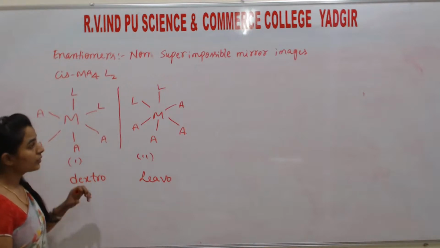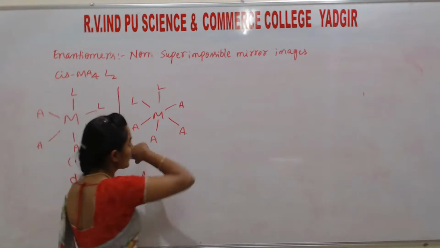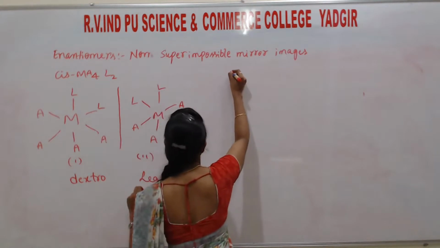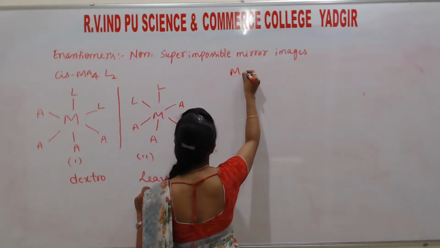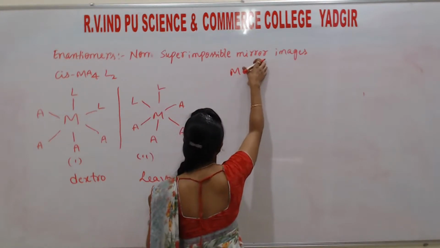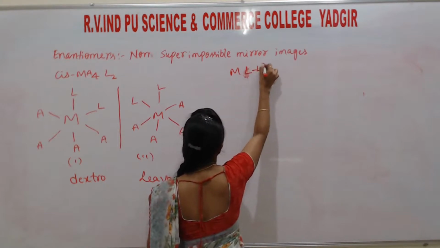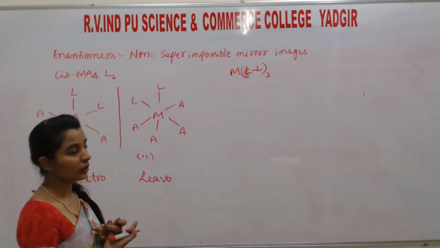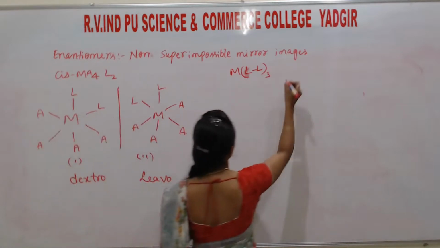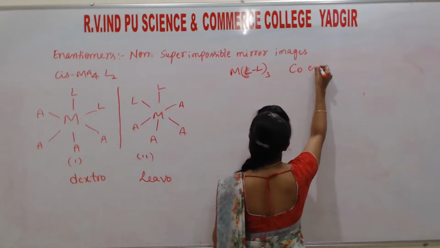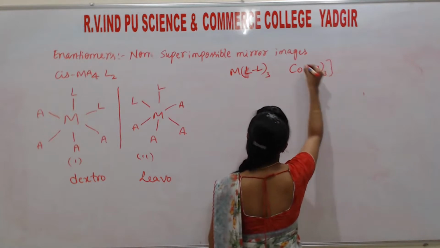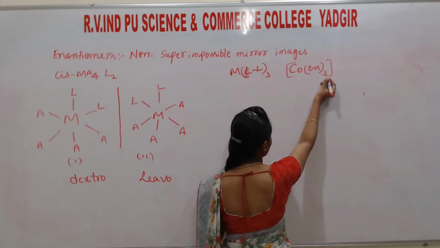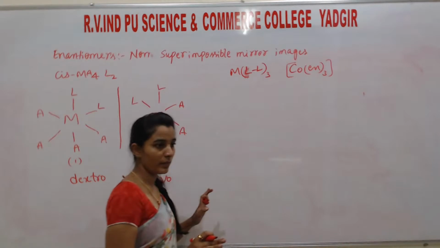Another example is ML3, for example Co(en)3. It has a bidentate ligand, three times, so the coordination number is 6.